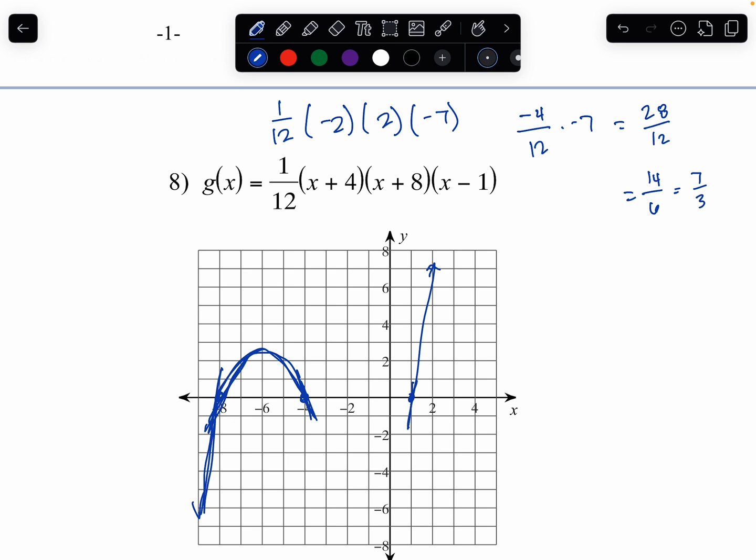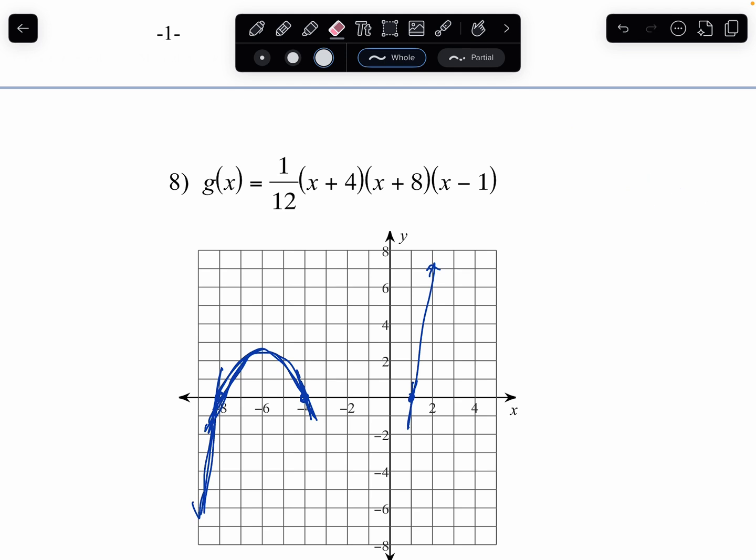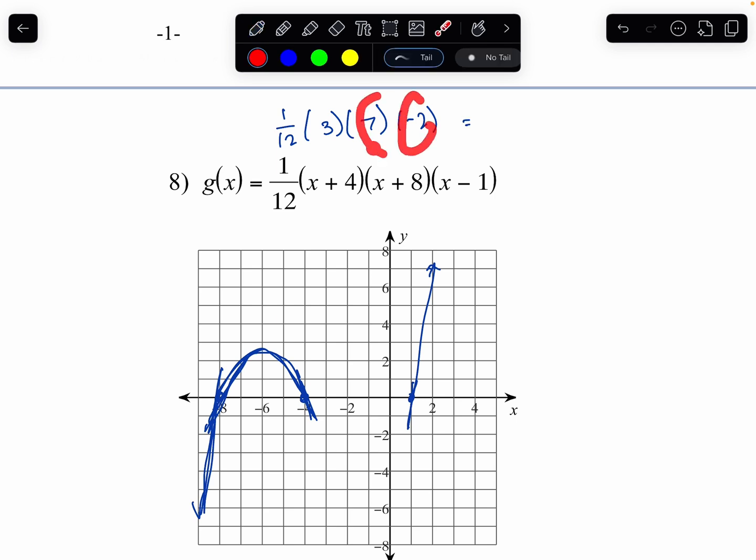Okay, let's plug in -1, I guess. So plugging in -1, we have 1/12. If I plug in -1, I get 3, I get 7, and I get -2. So then this is going to become -14 times 3.